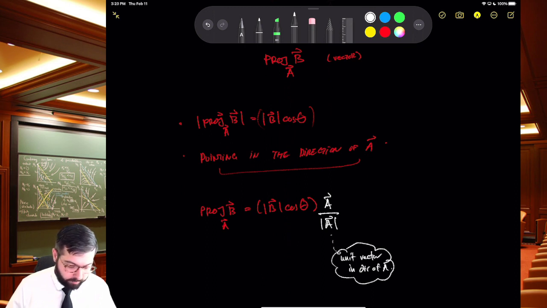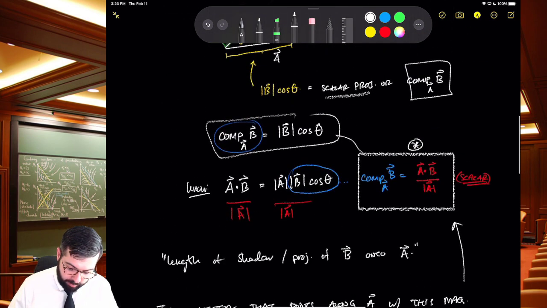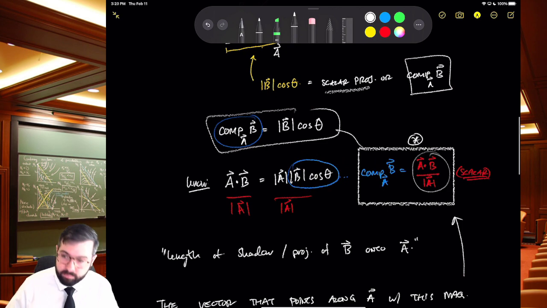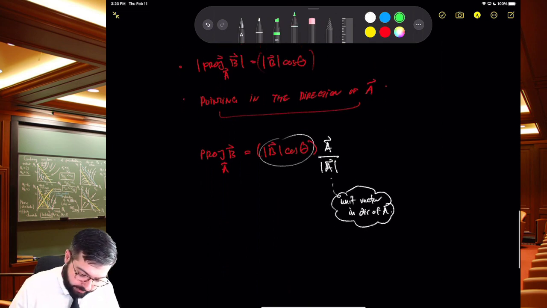So there's a nicer way to write this, which is again to get rid of the cosine. And how we do that is to recall that this length here is what we came up with up here. We can get rid of the theta by replacing this with that.